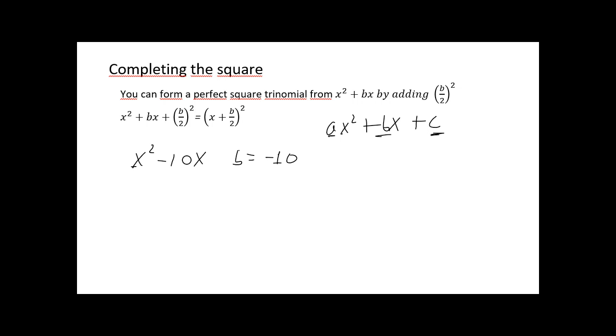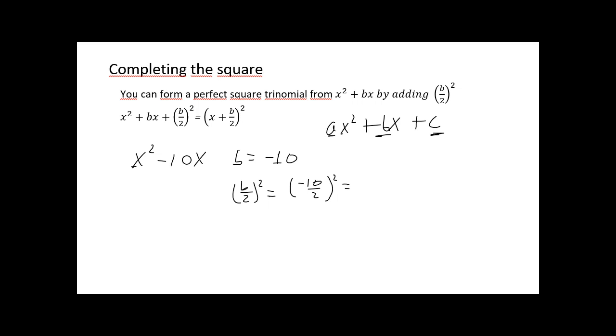We're going to find how much is b divided by 2, all of this to the second power. I have negative 10 divided by 2 to the second power.